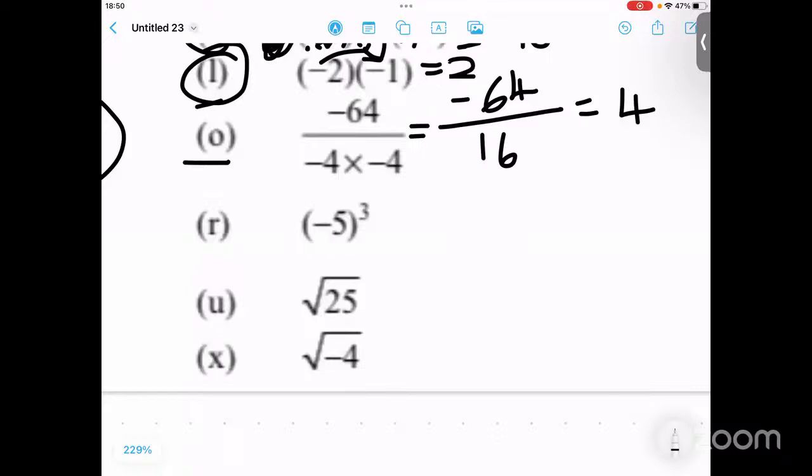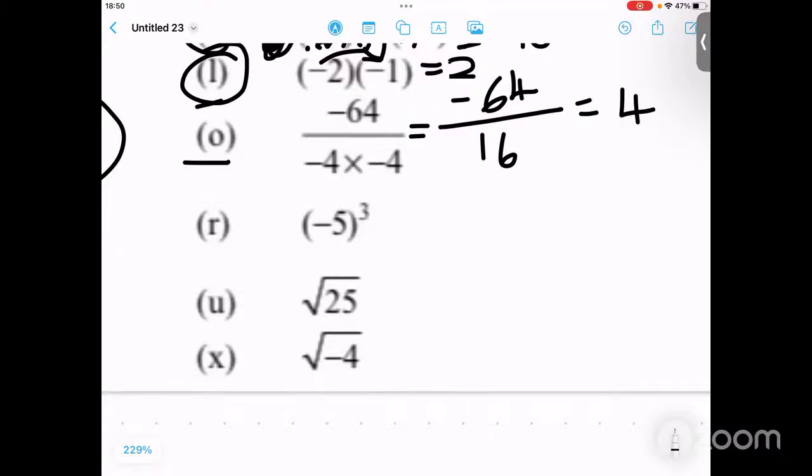Okay. Reference, how did you do this one? Negative 64 plus negative 4 times negative 4 equals negative 8.